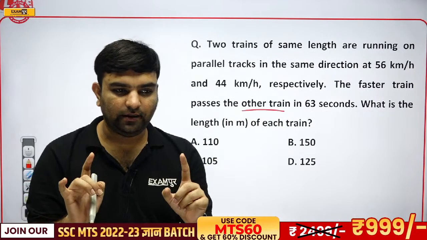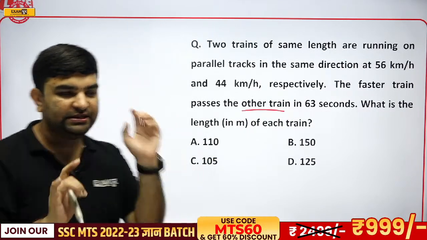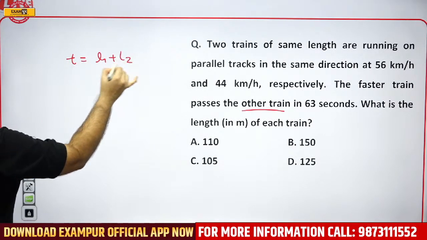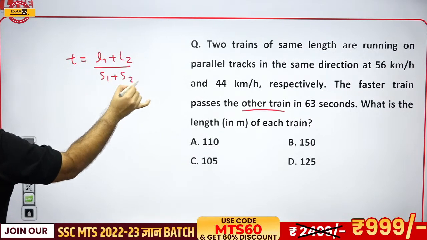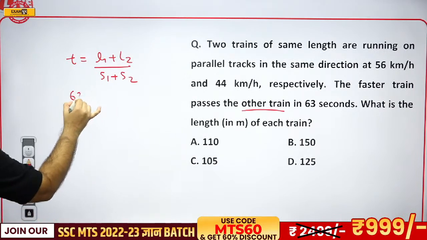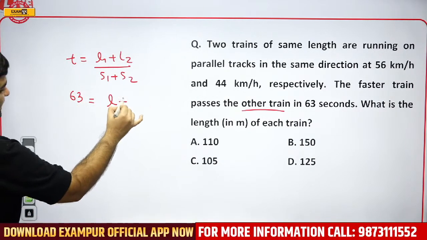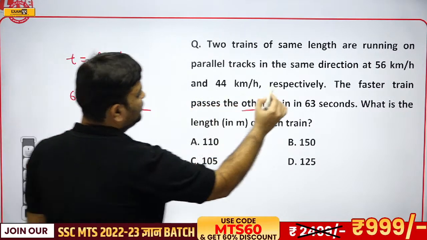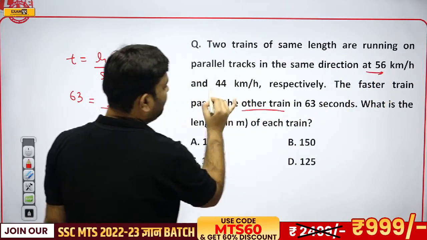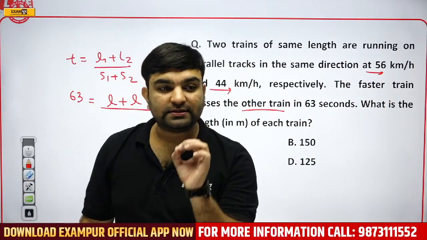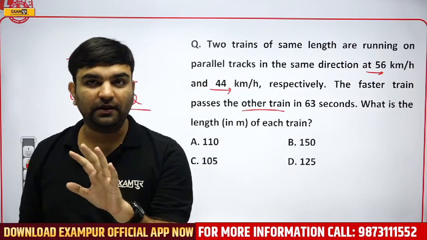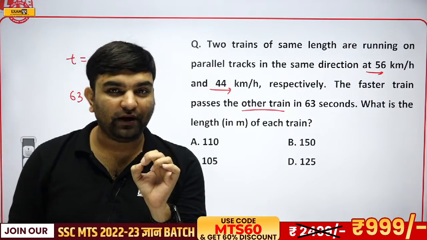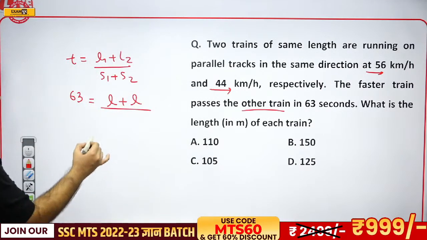Whenever two trains cross each other, the time taken is (L1 + L2) / (S1 + S2). The time taken is 63 seconds, same length L plus L, speeds 44 and 56, in the same direction. In the same direction, it is A minus B.